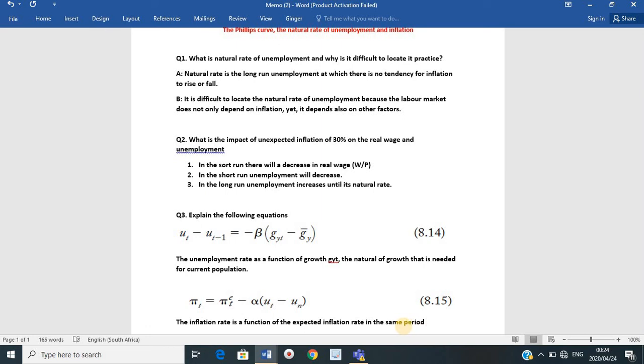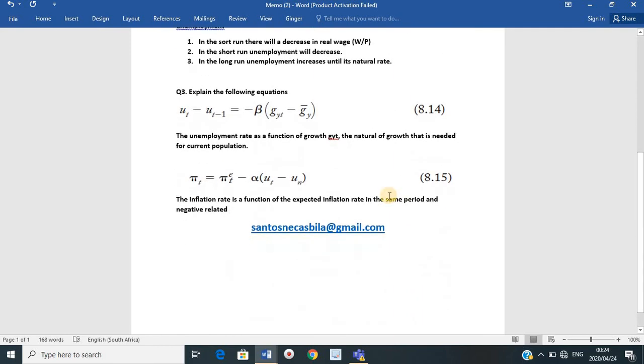And negatively related to the unemployment gap. The unemployment gap is denoted by U_t minus U_n.